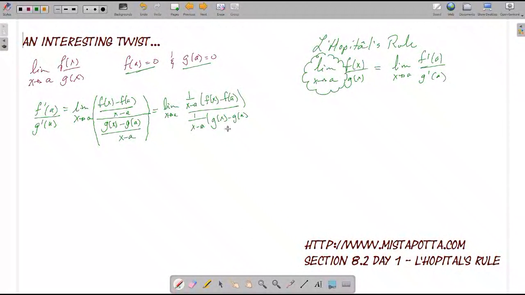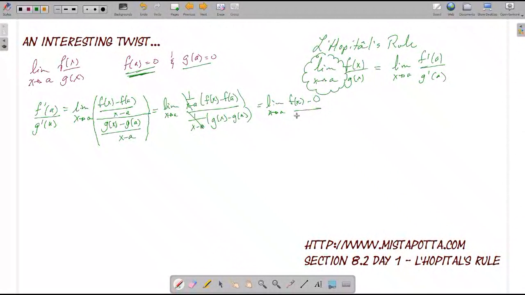And of course, one of the things we've noted algebraically is that when I have a common factor in the numerator and denominator, I can go ahead and divide those terms out. But the other thing I notice here is I've got the limit as x approaches a of f of x minus f of a. Well, f of x is my function, but we said that f of a was 0.